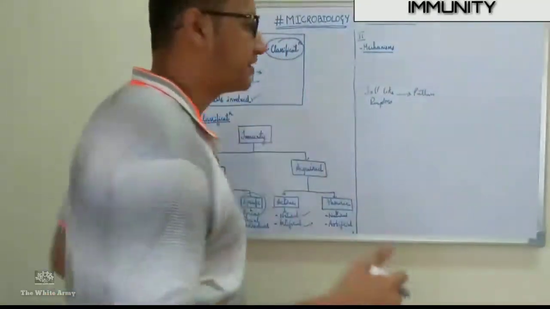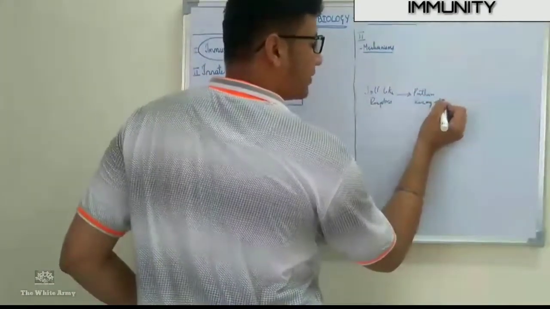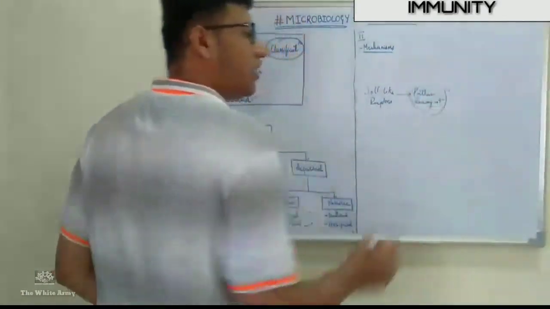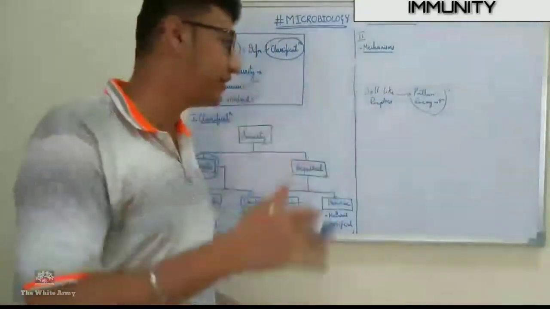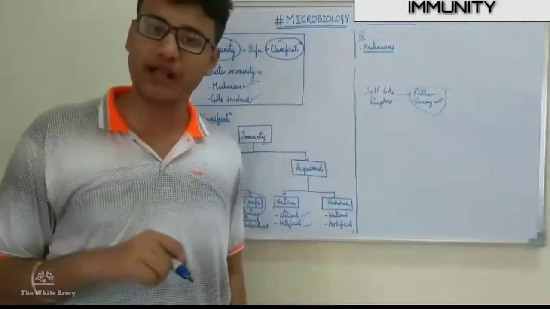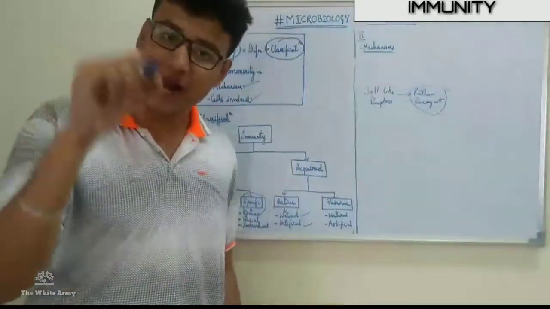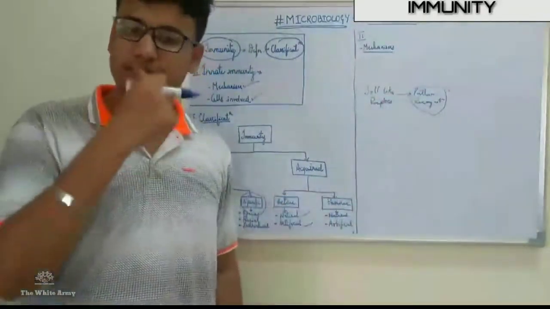Once an antigen or a microorganism invades the body, this Toll-like receptor identifies what kind of microorganism it is, what kind of antigen it has. Okay, so this pattern recognition is very helpful when that particular antigen invades the body again.